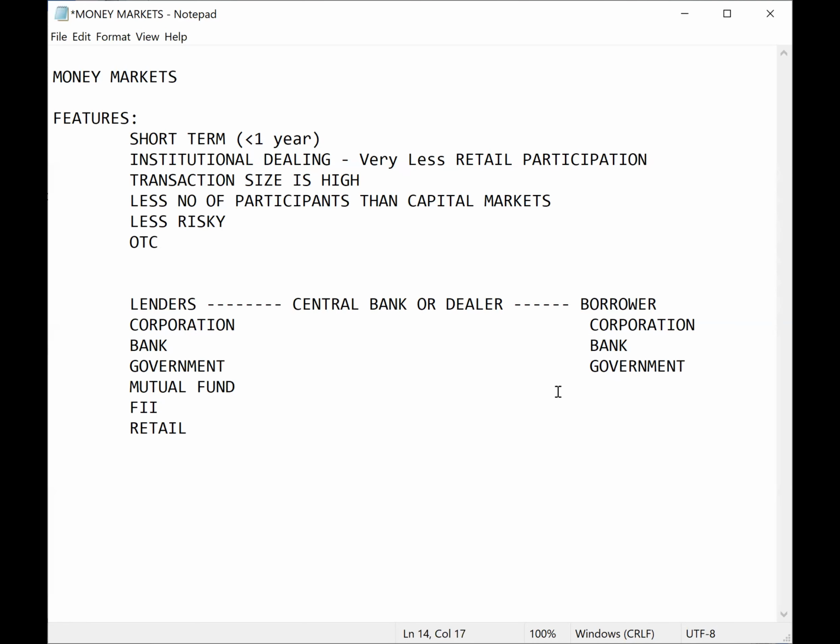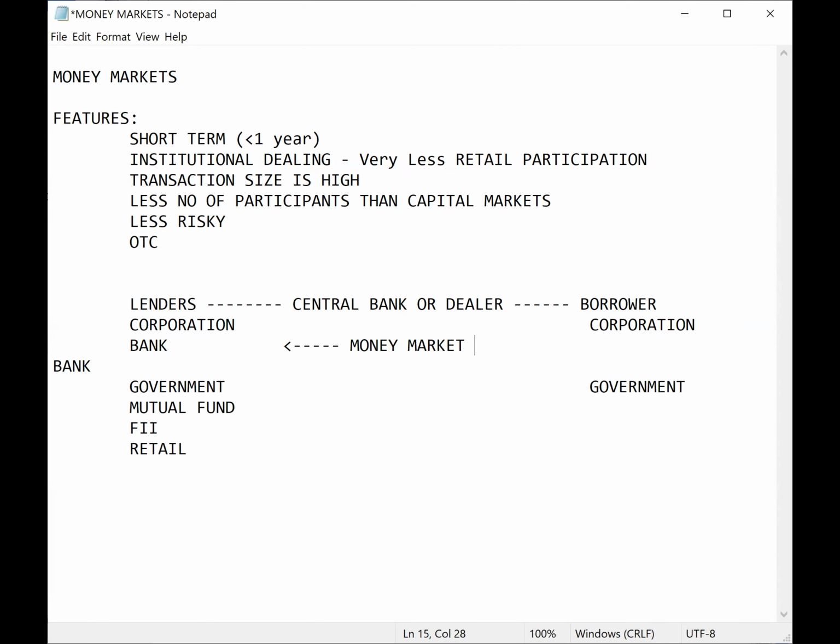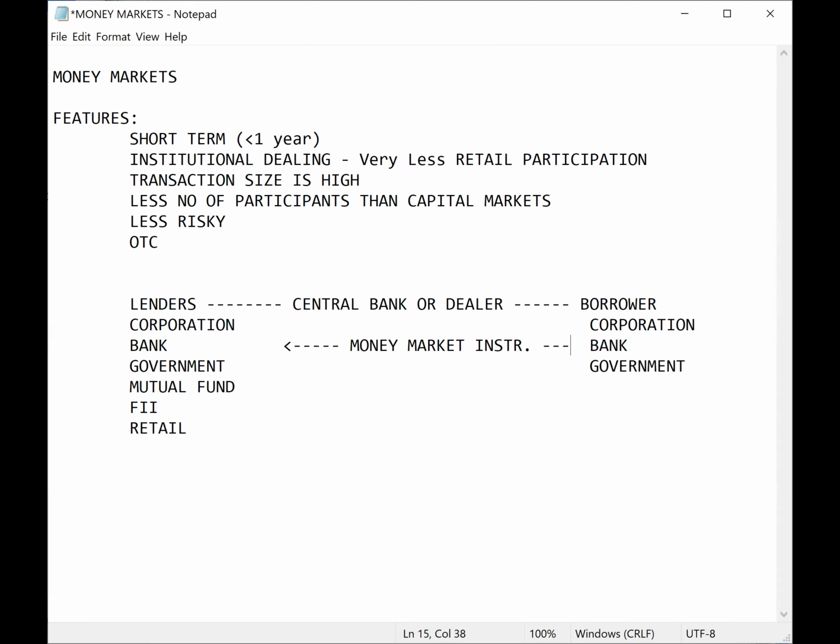So these entities would issue money market instruments, and they would get the money.